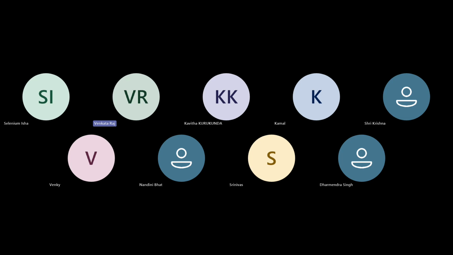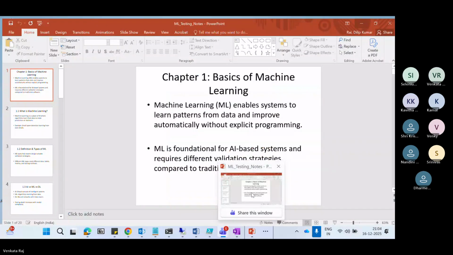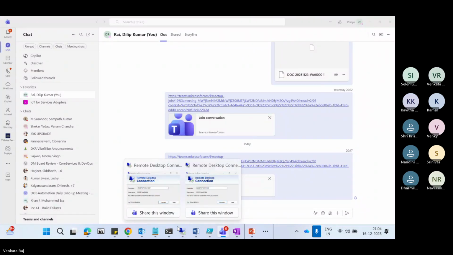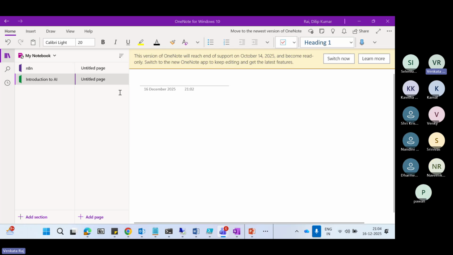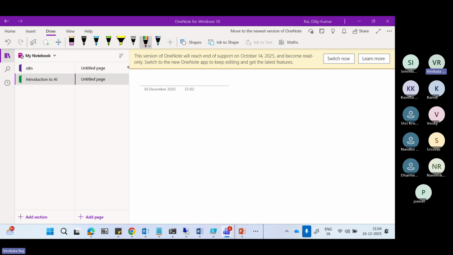I'll share my screen. Everyone knows that when we come across artificial intelligence, machine learning, and deep learning, there is a very common Venn diagram you'll find on Google, in which we have artificial intelligence, and inside it machine learning as a subset of it, and then the subset of both is deep learning.